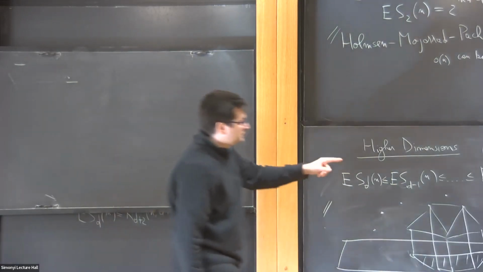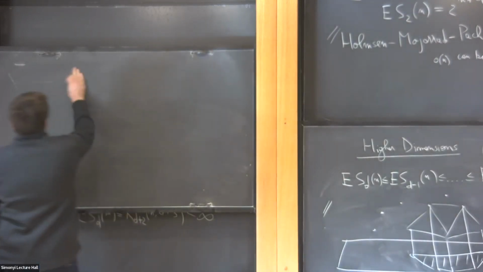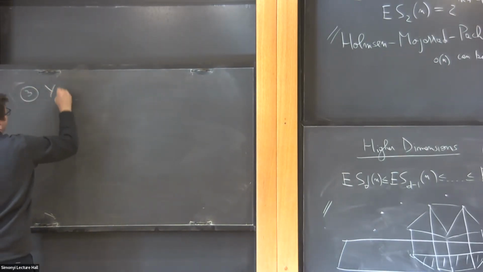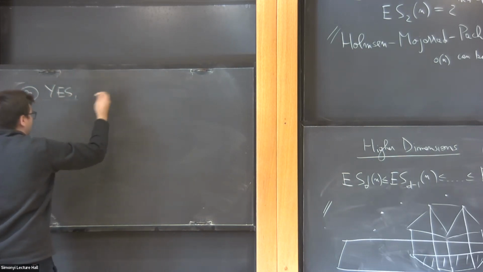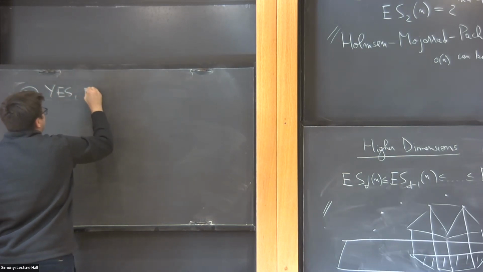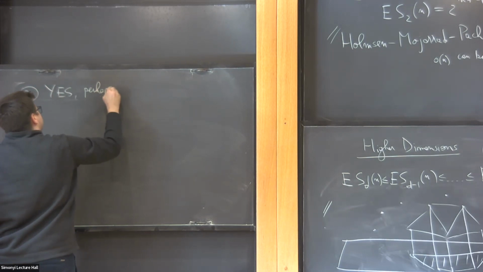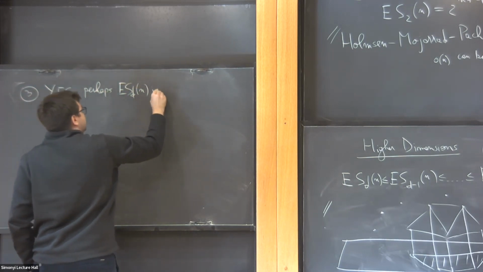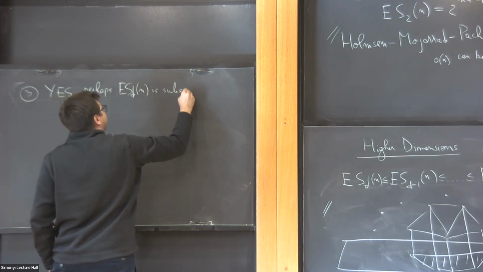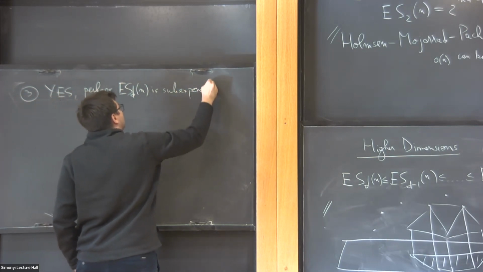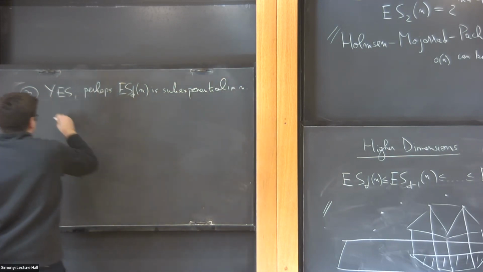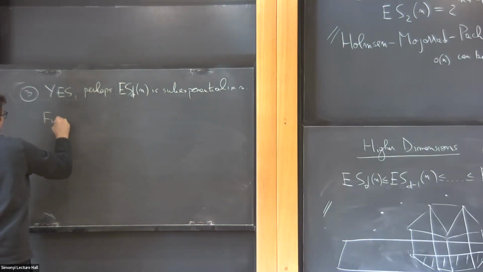It's a bit unfortunate to go there, but okay. So third prediction, and maybe dramatically, perhaps ESD of n is sub-exponent.